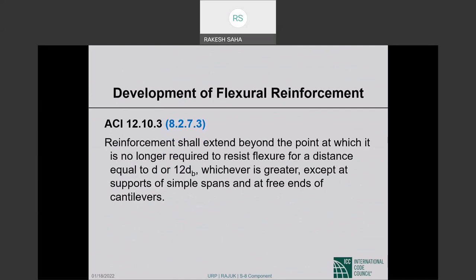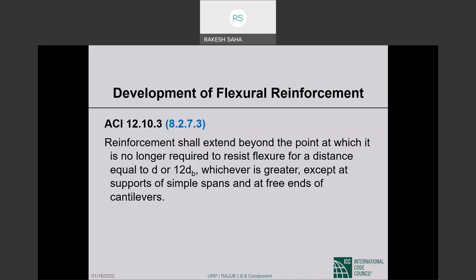Now this is vitally important. These are details that you absolutely must have very straight. Reinforcement shall extend beyond the point at which it is no longer required to resist flexure.